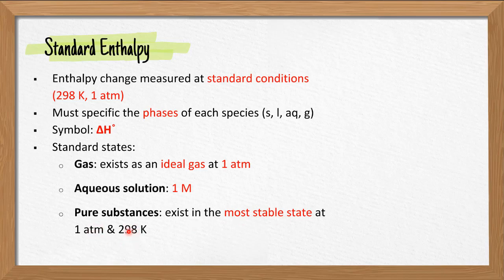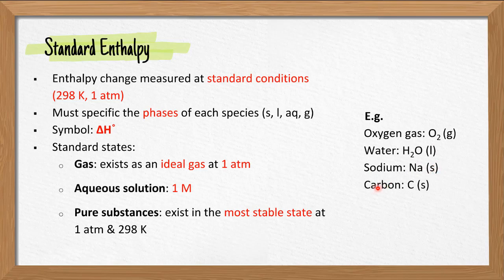So for these pure species, let me give you a list of examples. If you have oxygen gas, at standard state the most stable state of this oxygen gas appears as O2 in gas phase. H2O, this compound at its most stable state, will exist as a liquid. Sodium, Na, exists as a solid atom. Carbon exists as a single carbon atom as a solid.